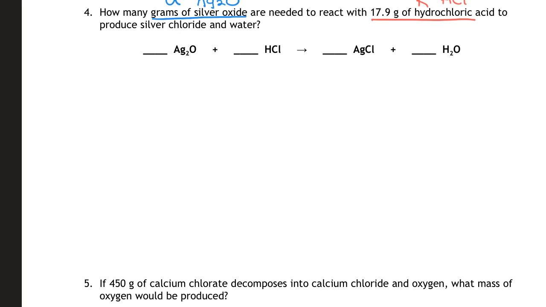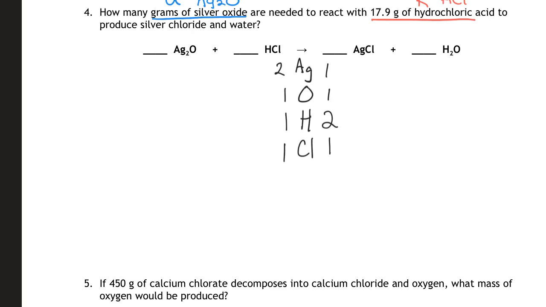Now I look at my chemical equation, and it needs to be balanced. So let me go ahead and balance this real quick. We've got Ag, we have oxygen, we've got hydrogen, we've got chlorine. I've got two of them. One of them, one of them, one of them. On the other side, I got one of them, one of them, one of them, and two of them.